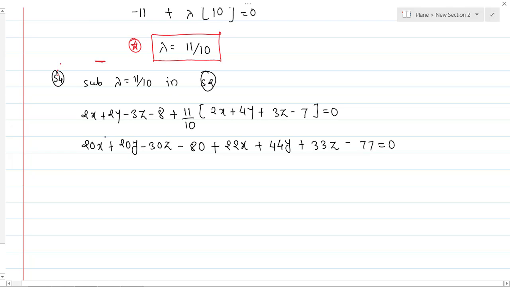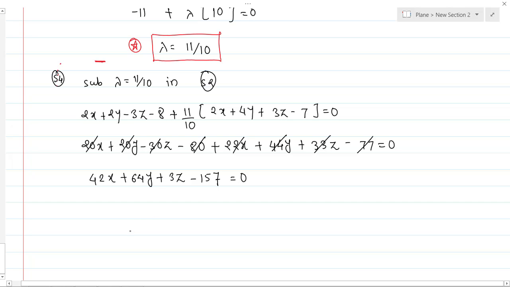Let's simplify again. 20 plus 22 becomes 42x. 20y plus 44y becomes 64y. Minus 30 plus 33 becomes 3z. Minus 80 minus 77 gives 157. It is equal to 0.